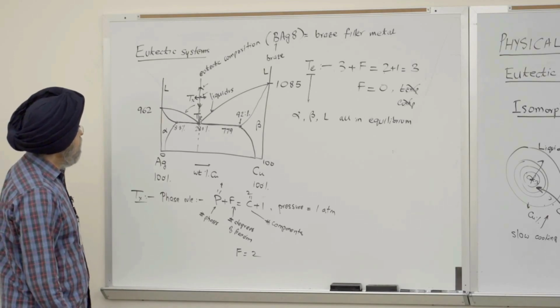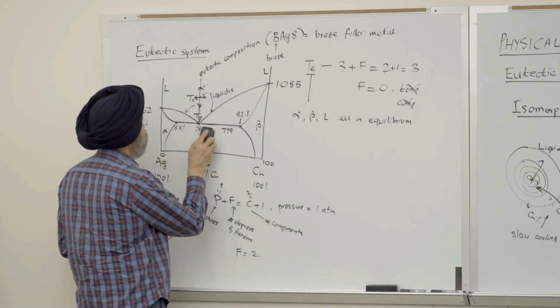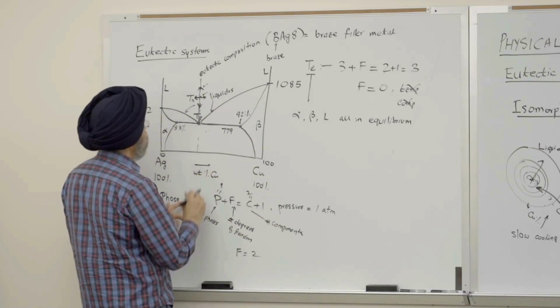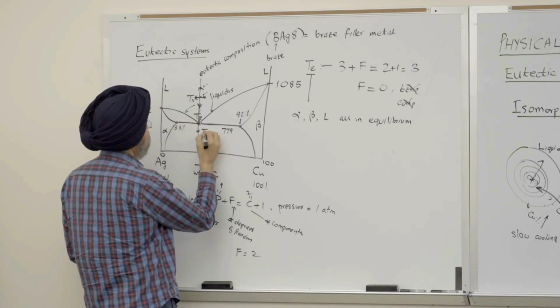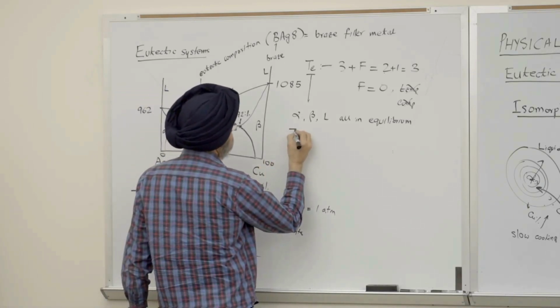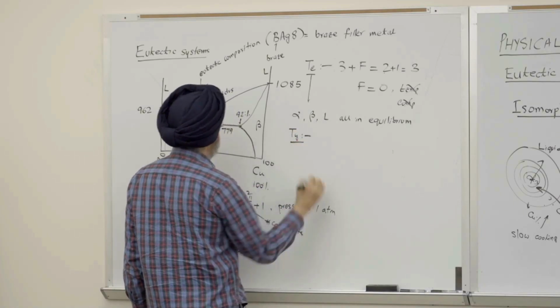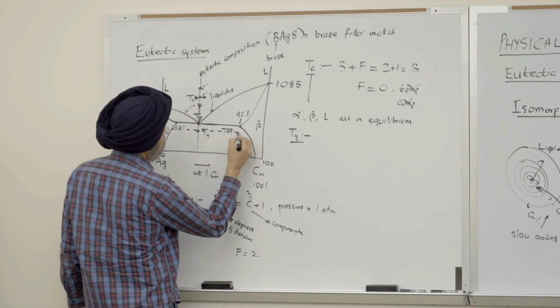So now what happens if I drop the temperature to, let me remove this point. So I cool down further, I get to that temperature, Ty. So what happens at Ty? Again, I draw a horizontal line.